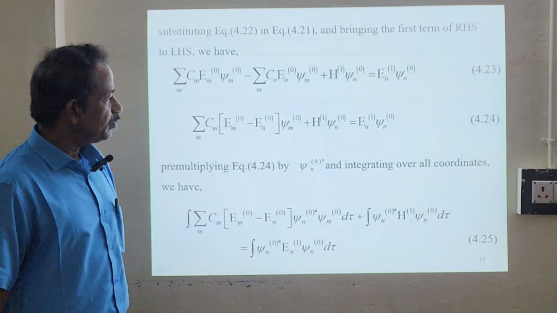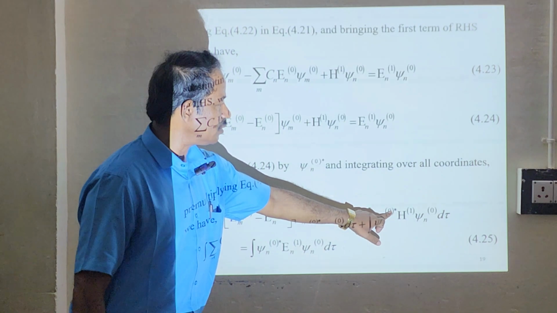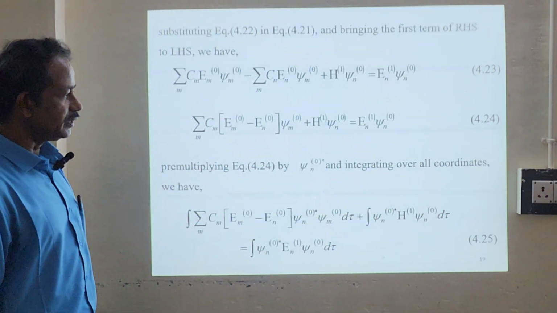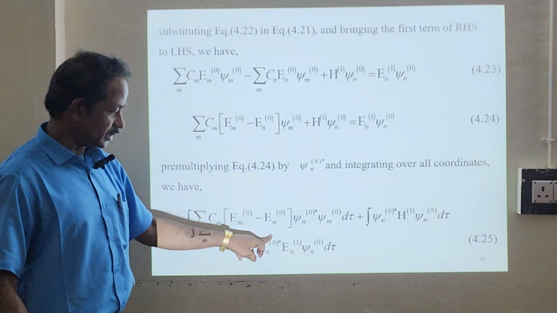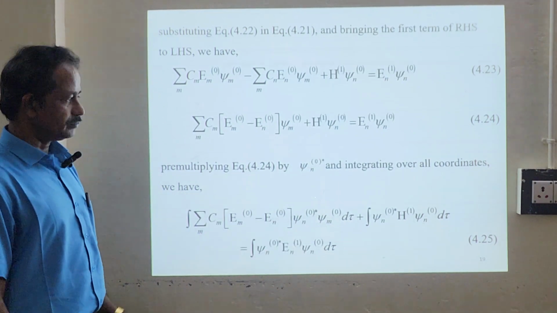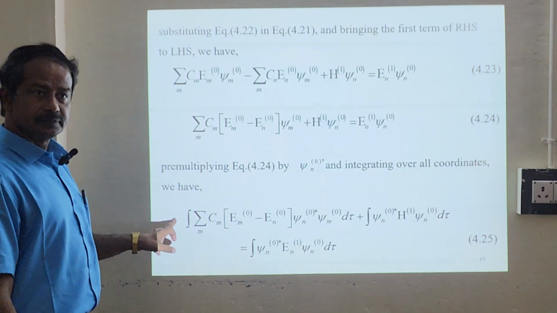Plus we multiply this term, so we have psi n 0 complex conjugate, then H1, then psi n 0. This is equal to psi n 0 complex conjugate, En1, psi n 0. Is it okay? Any doubt?